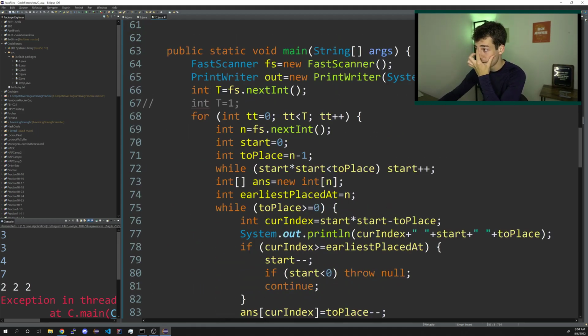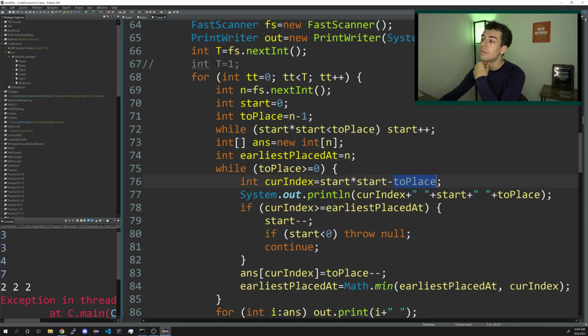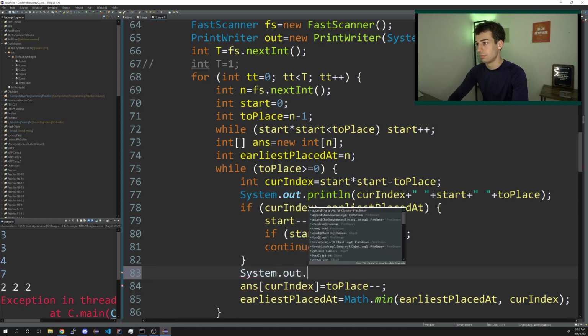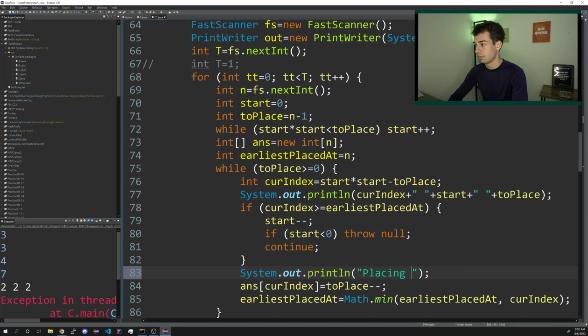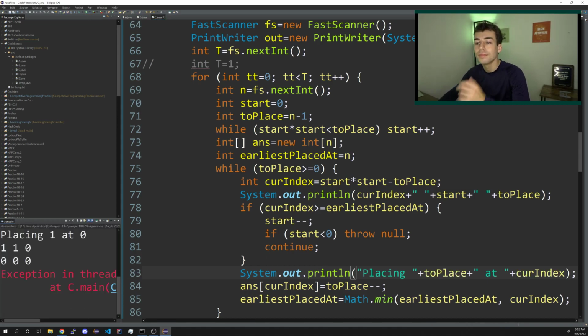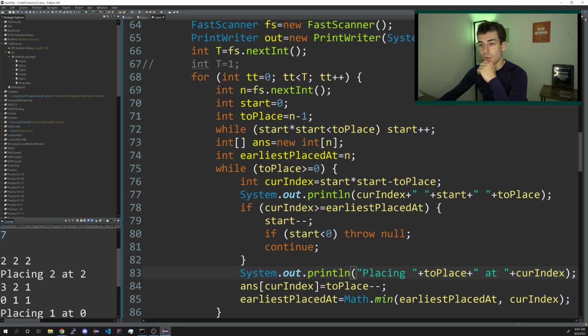Start times start minus to place, 4 minus... Placing 2 at position 2.